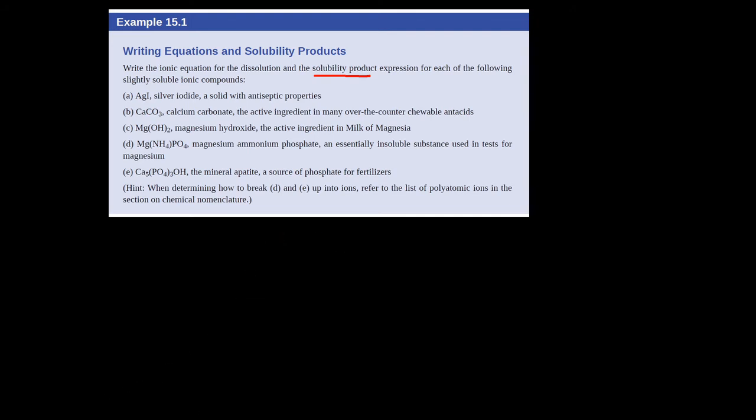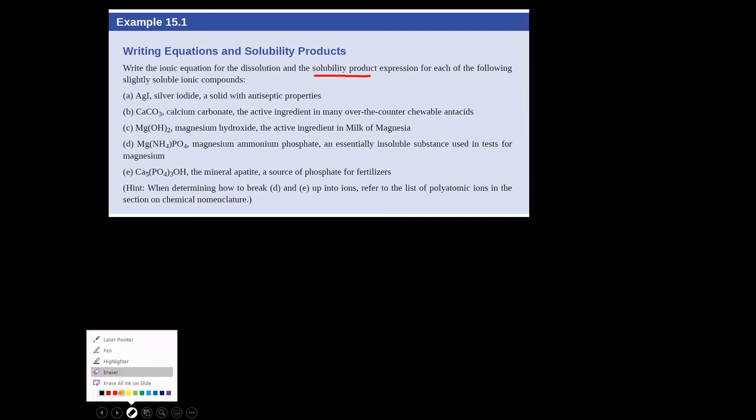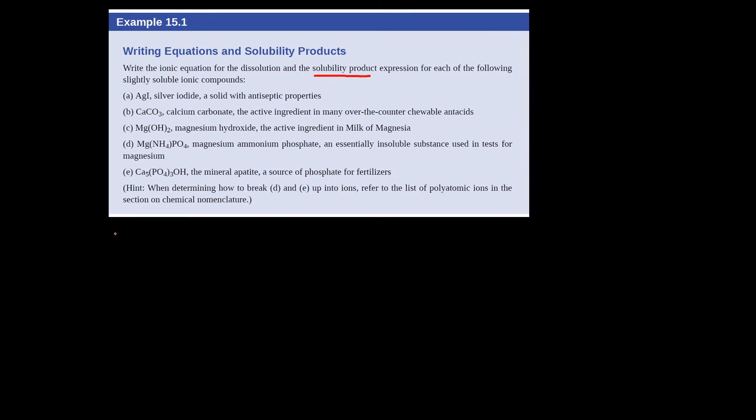Alright, hopefully you paused the video and now you're back with what you believe are the correct answers for these. So that first one there, we have magnesium hydroxide, and it is dissolving into magnesium 2 plus and 2 hydroxides.